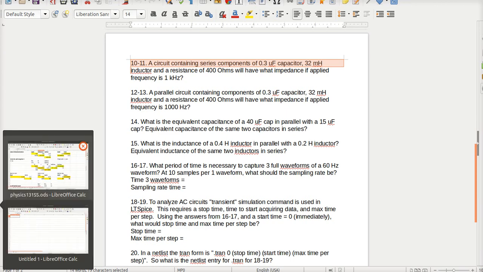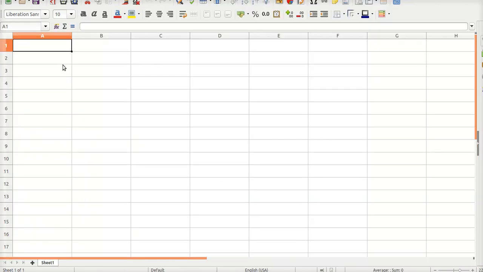Well, I've got my handy dandy spreadsheet open, so if I've got a 60 Hertz frequency, and I want to know the period, it's equal to 1 over 60. So about 16.7 milliseconds is your period for a 60 cycle waveform.